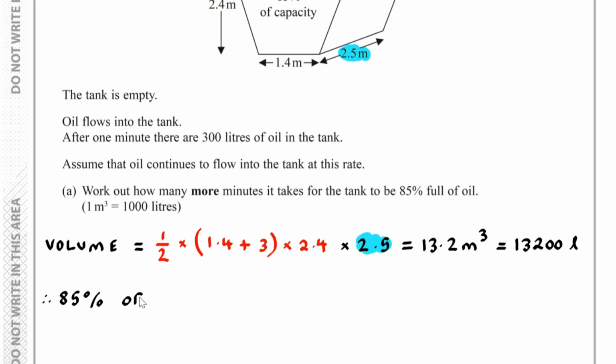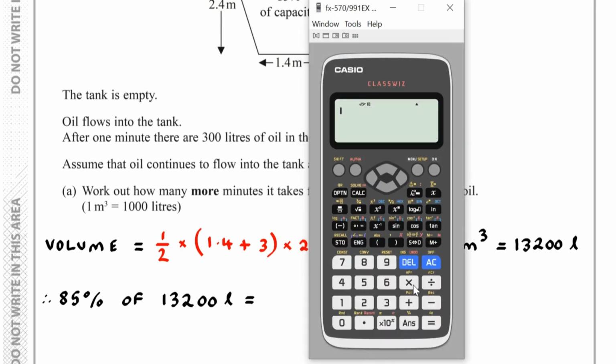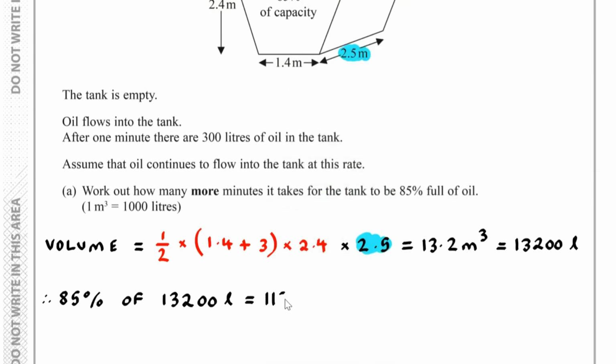If I take this value, 13,200 litres, and work out 85% of this, I get 11,220 litres.